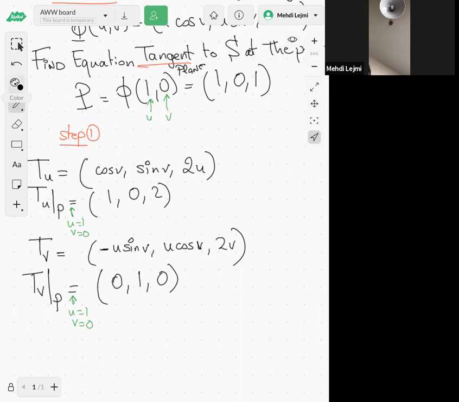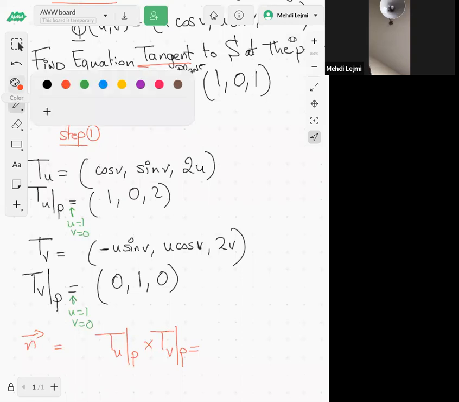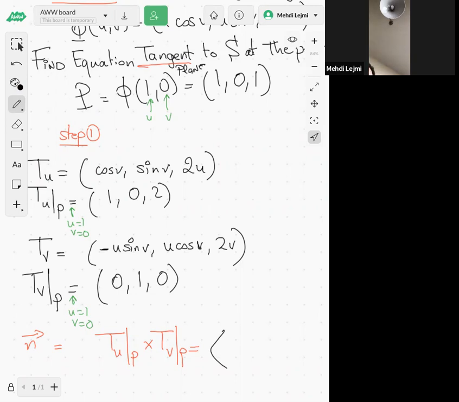Now the normal vector n is t_u at P cross t_v at P. If you have trouble with the cross product, let me know. So first we're going to have minus 2, then 0 minus 0, so it's 0, and then we're going to have 1. That's my cross product.